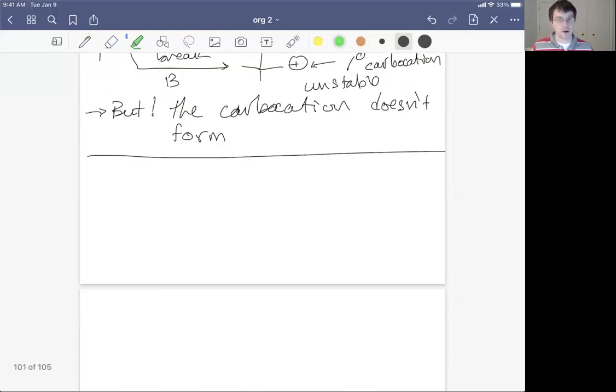Now why? How do we know that we don't see a carbocation intermediate? It has to do with the stereoselectivity.